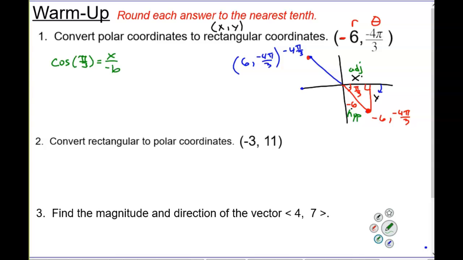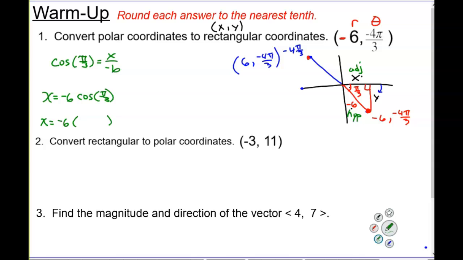Now, what formula did we give you? We gave you the formula that x was equal to the length of the radius times the cosine of the angle. But where did it come from? It came from just SOHCAHTOA. So you don't have to memorize that formula.